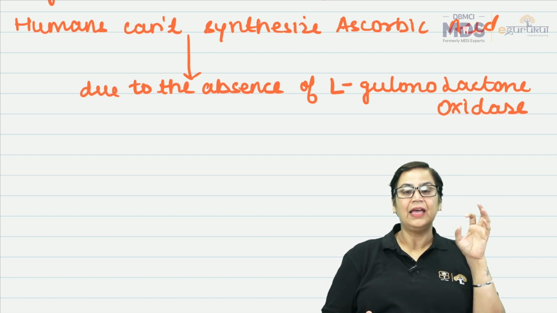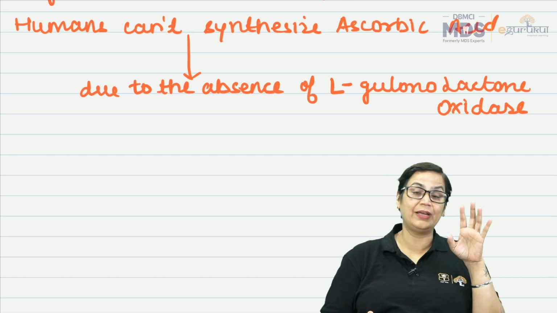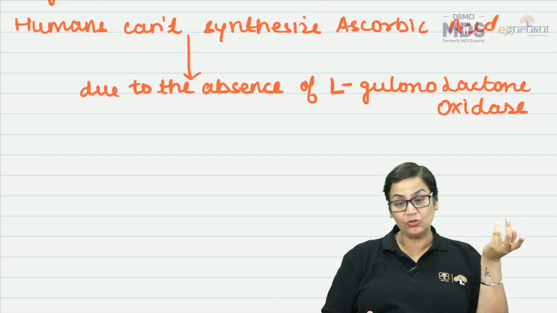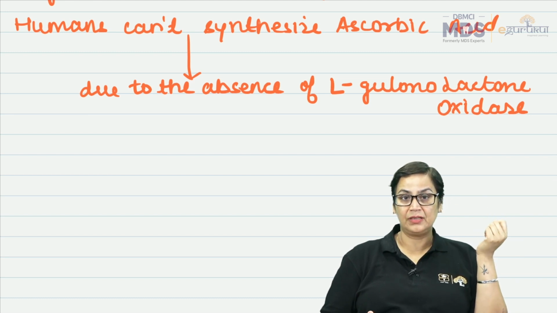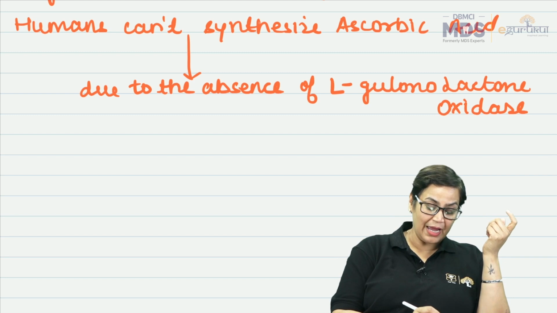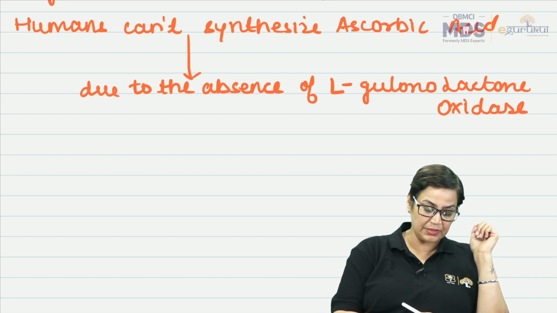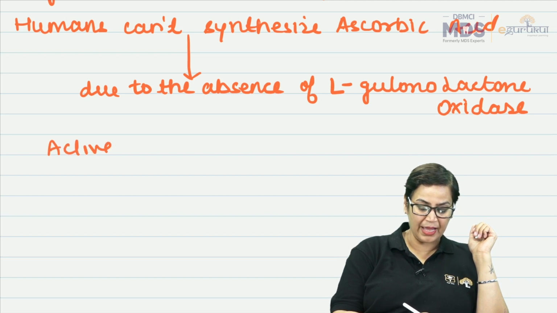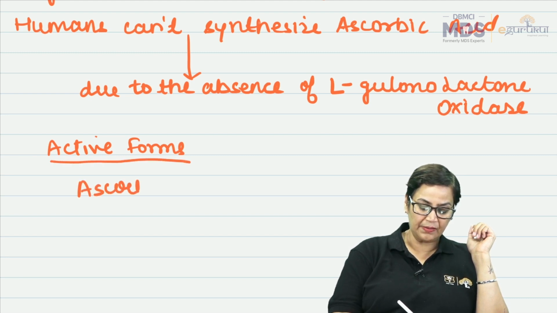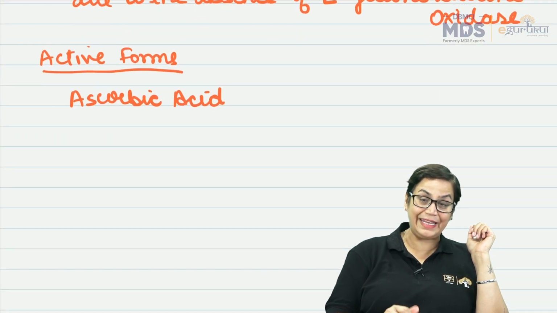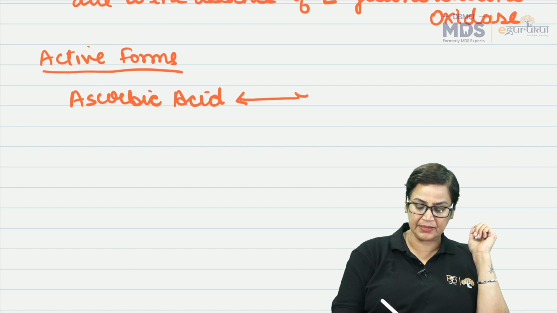Okay, that is why ascorbic acid has to be provided from outside diet. Now the question arises, what are the functions? Why it is important? Now see, if we look at first of all the active forms, the active form of this ascorbic acid is actually being converted into dehydroascorbic acid like this.